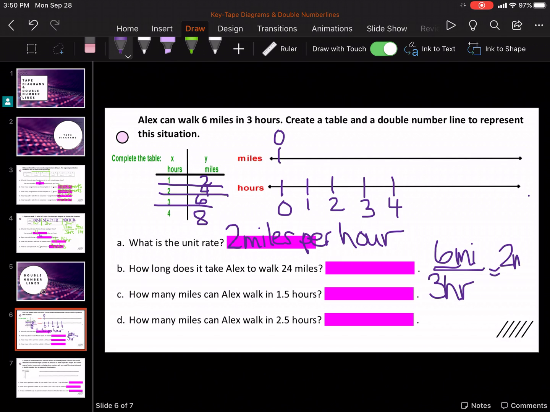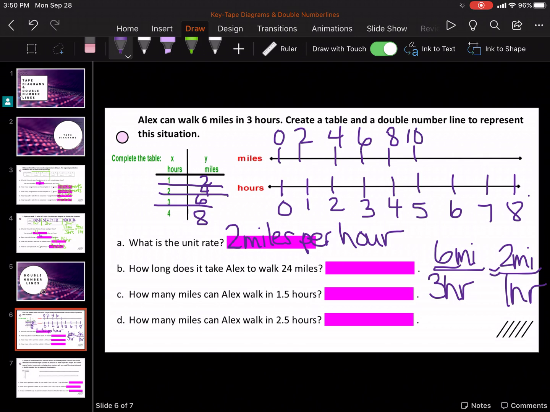So then it was 2 miles in 1 hour. 5, 6, let's go to 7, 8, sure. So then we're gonna go up by 2s. So 2, 4, 6, 8, 10, 12, 14, 16, and so forth.